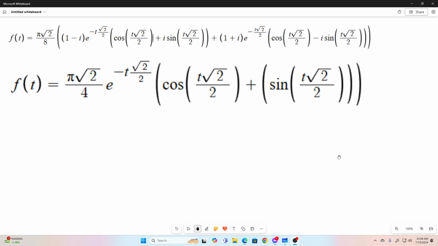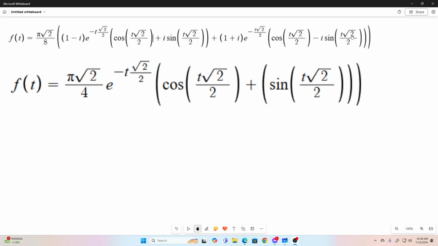And really quick, I want to show you how we made the big leap from here to here, and it just has to do with cancellations. So what do we really have going on here? We've got this pi square root of 2 over 8. That's not going to affect anything; it'll be a constant multiple of whatever happens inside.